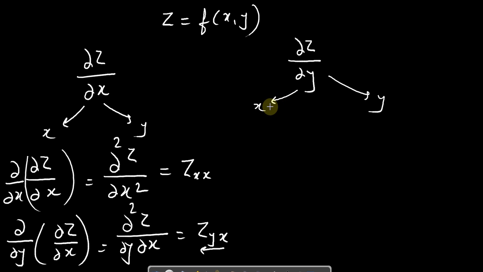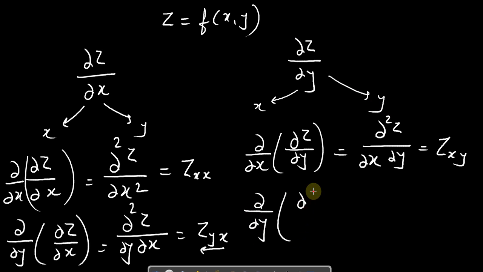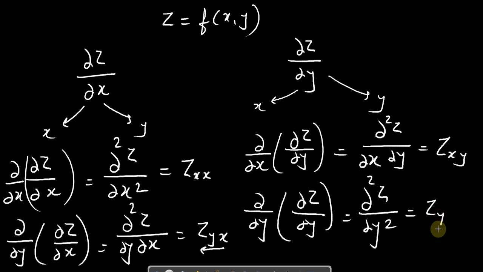If we differentiate this with respect to x, we get a second order derivative of z, first y, then x, also represented as z suffix xy. Now, if we differentiate this derivative partially with respect to y further, we get dou square z by dou y square, that is zyy.